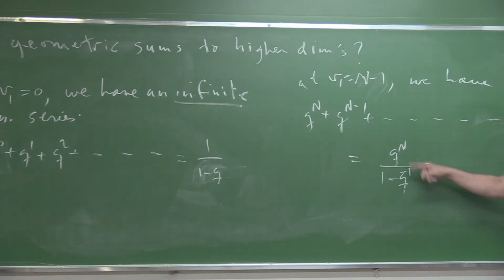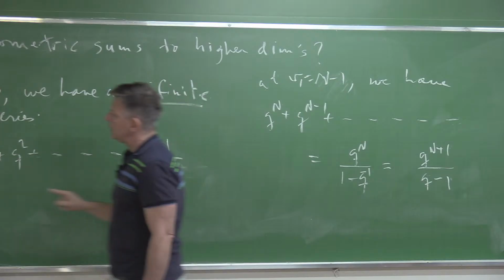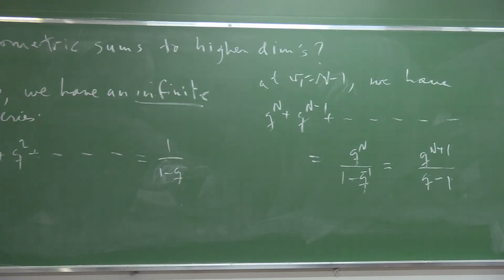It's important because now when you multiply by q over q, you get q to the n plus 1 over q minus 1. Look at this.